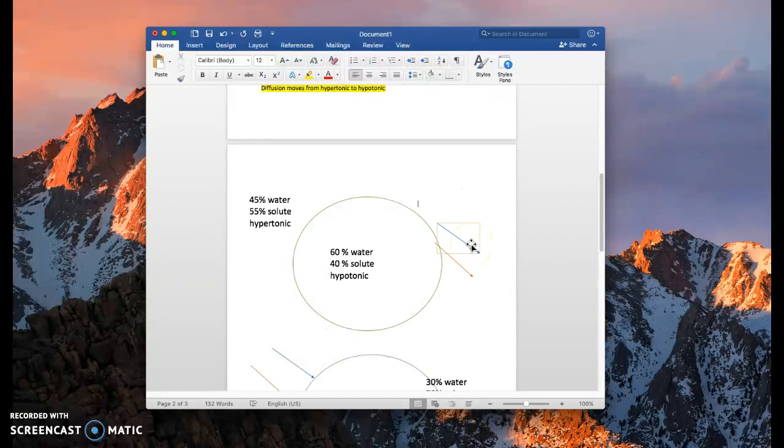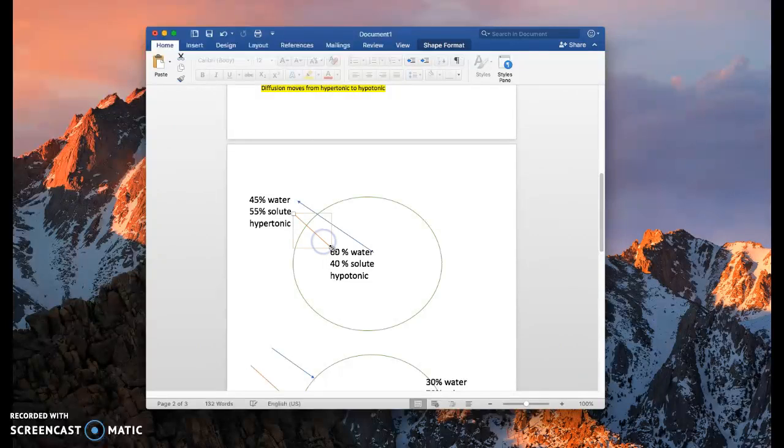Now remember, osmosis is the movement of water from high concentration of water to low concentration of water. So we're going to take our osmosis arrow and we're going to flip it around, because 60% water is a higher concentration than 45% water.